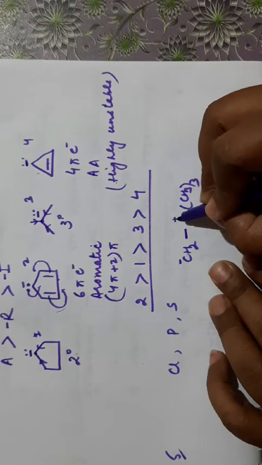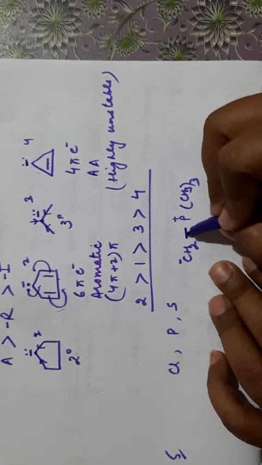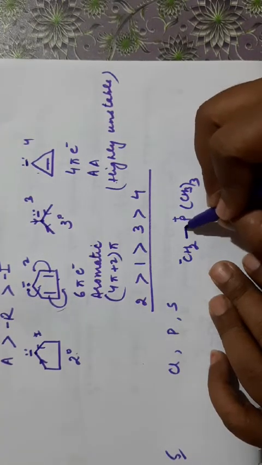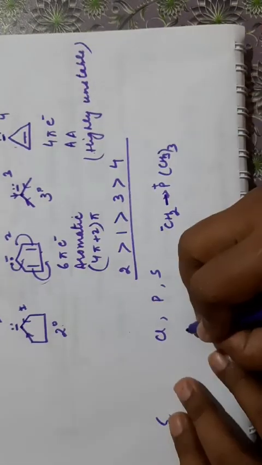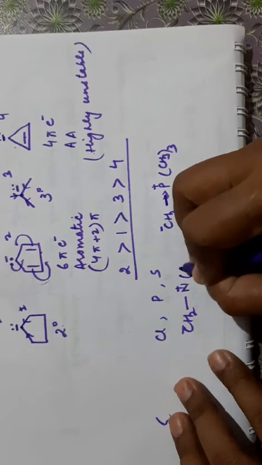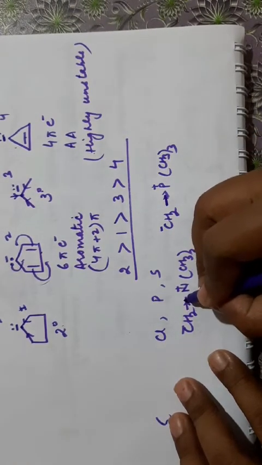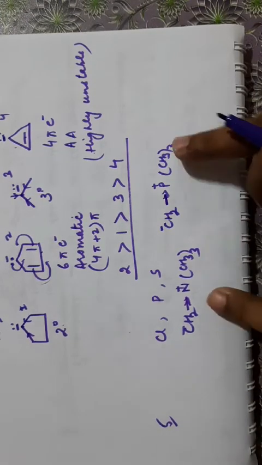It has a positive charge over it. Clear? Now what will happen? Since it has a positive charge, it will show a minus I effect. It will withdraw the electron. Clear? We will compare it with another one, CH2 minus N plus (CH3)3. Here also it will withdraw the electron. Minus I effect will operate at both the places.